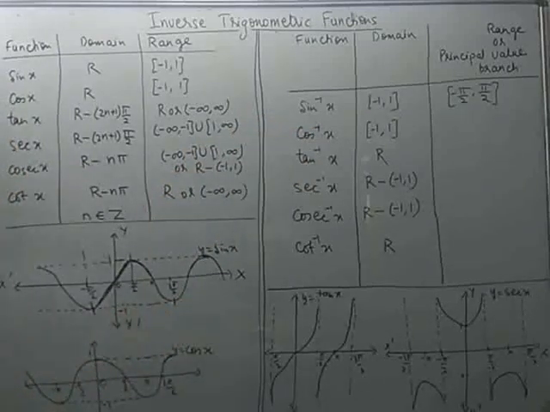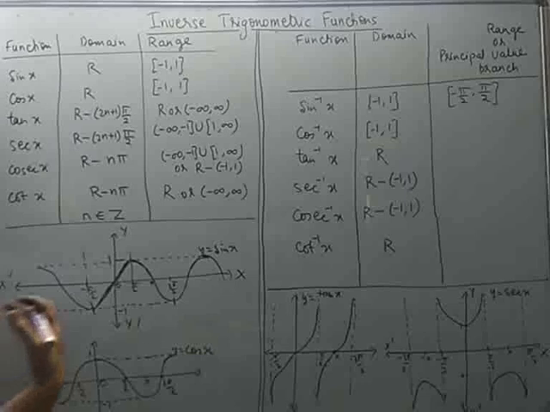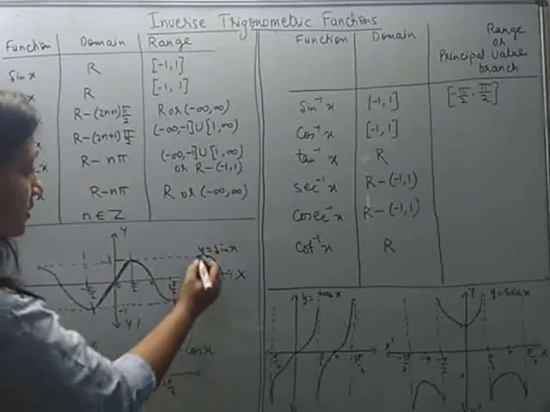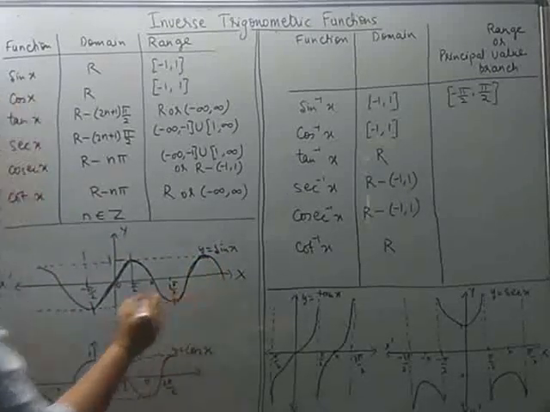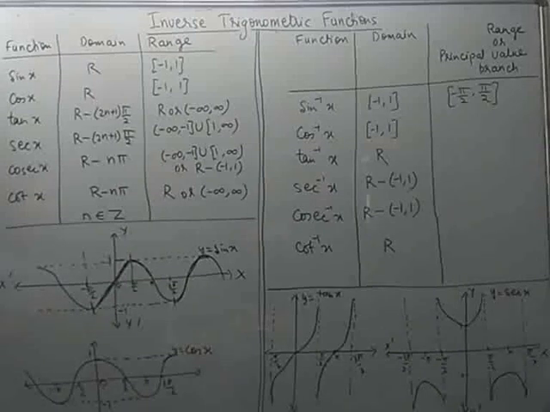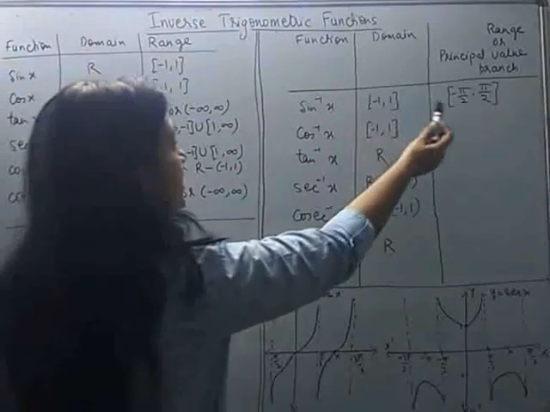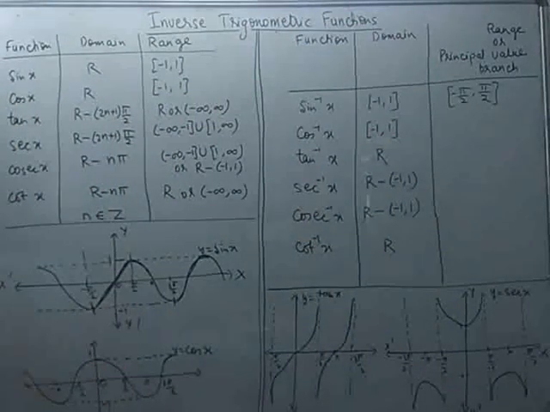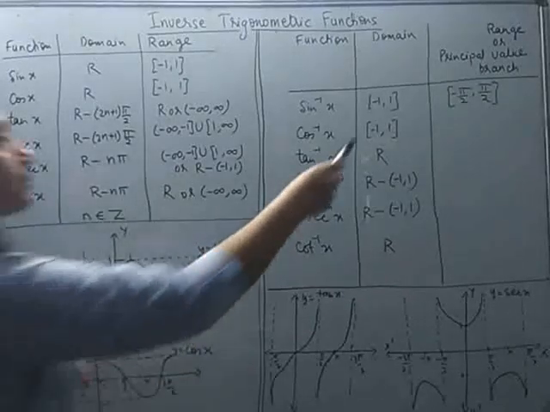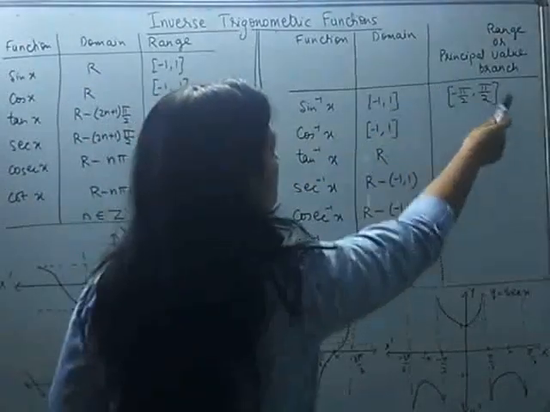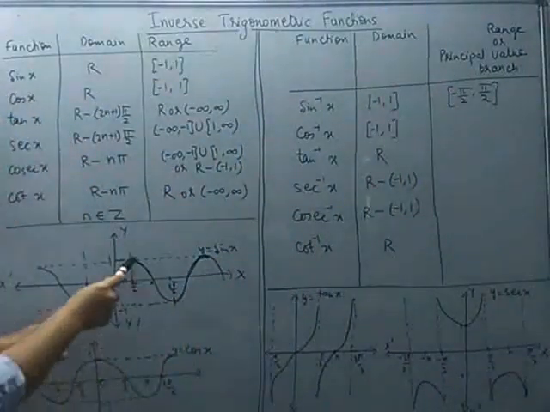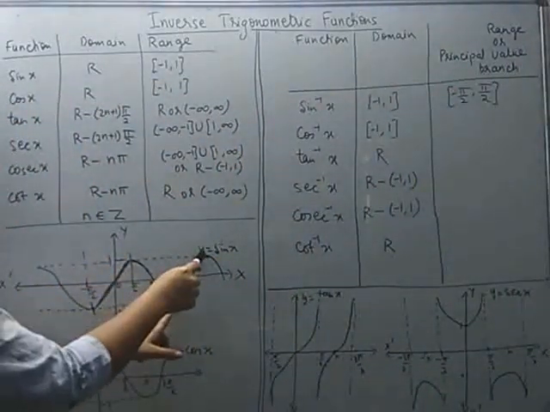It can be pi by 2 to 3 pi by 2 also. We can further go for this stretch of angles also. So you can see we can have various ranges for which this function can be made one-one. But we will take a particular range which will be termed the principal value branch for uniformity. Not this is one branch, this is another branch, this is another branch.